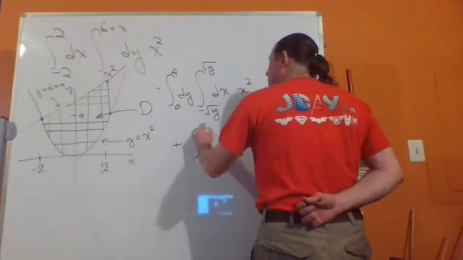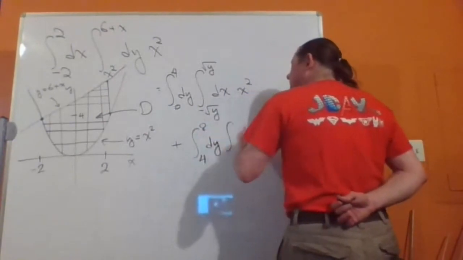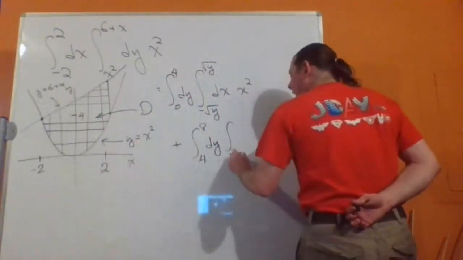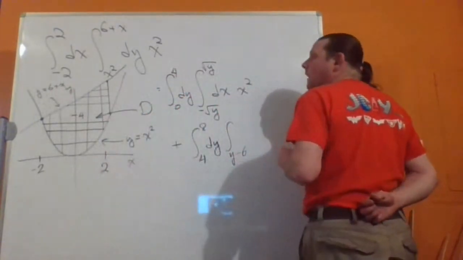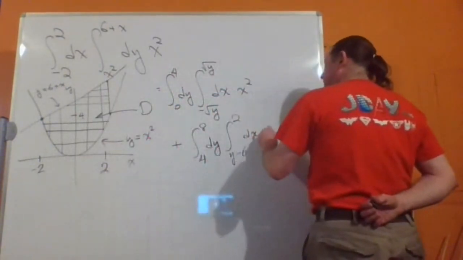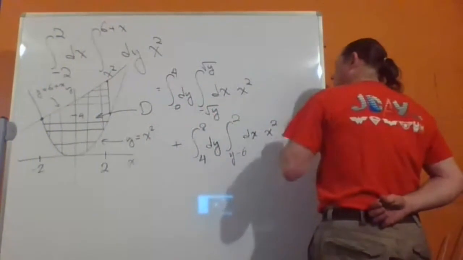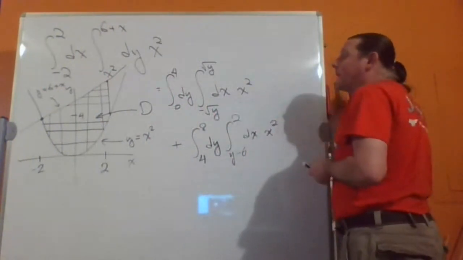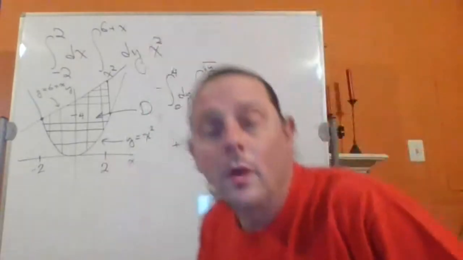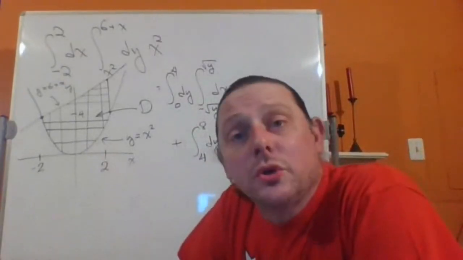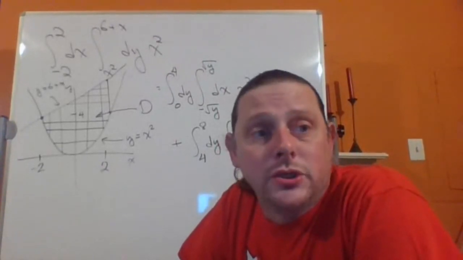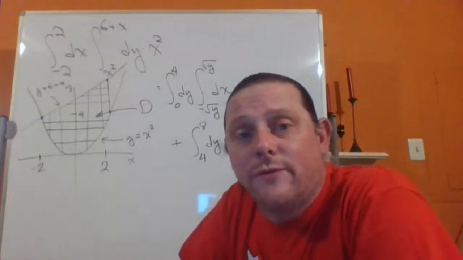So I'll go from 4 to 8. X will go from here, where it's y minus 6, up to the vertical line, where x is 2. Okay? And that would be our integration. Okay? It's not possible to write it in this order as a single double integral, at least not in any straightforward way.